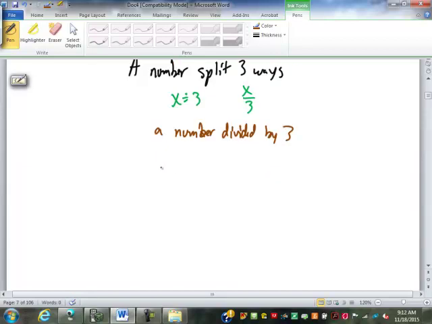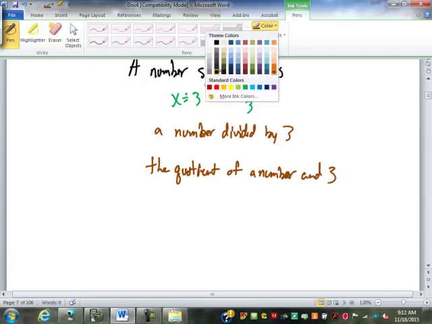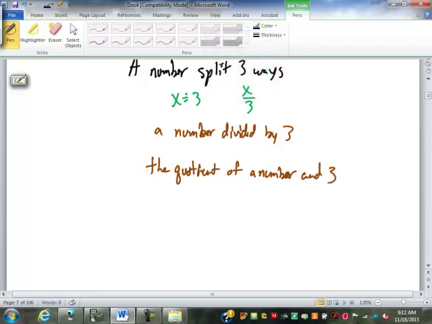Or the quotient of a number and 3. So there's all sorts of different ways we can express each operation. Now the tricky part comes when we start putting the operations together.